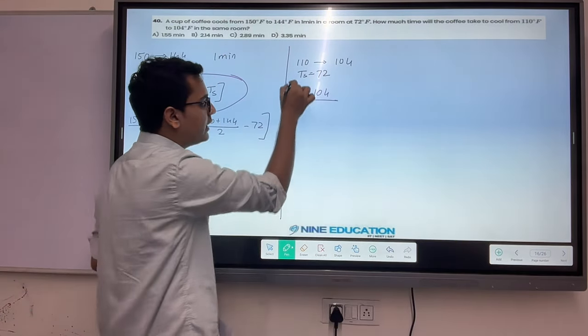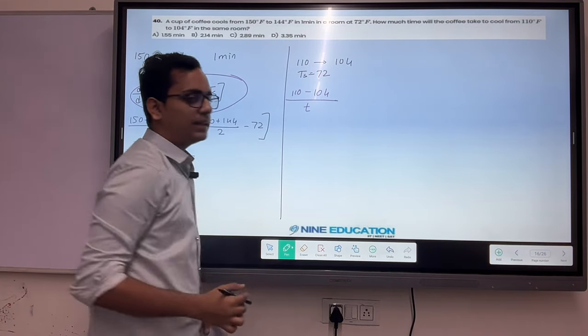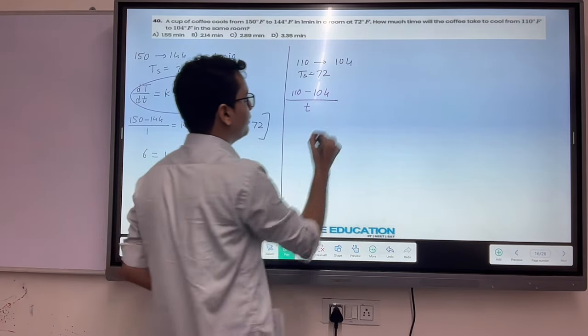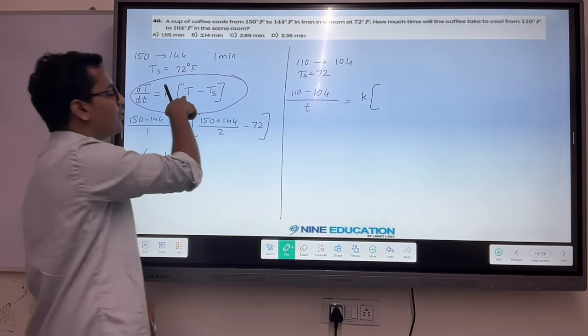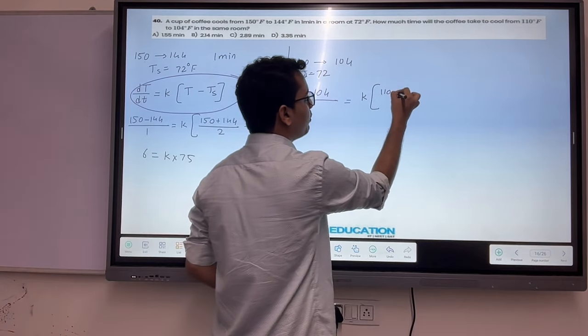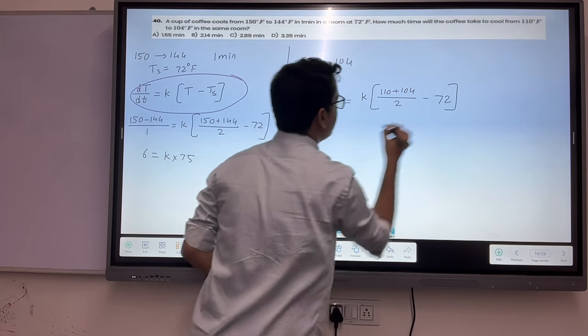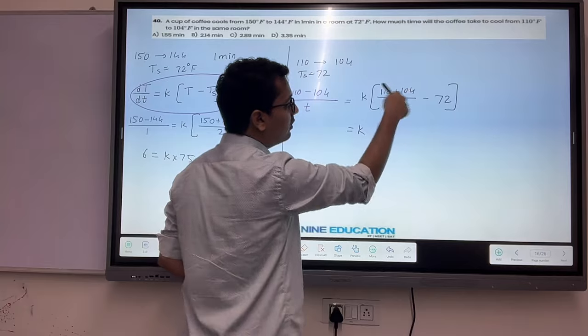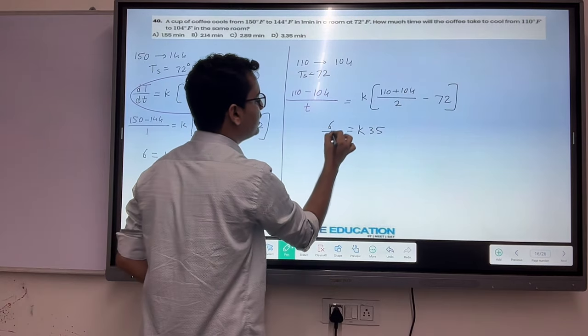How much time is it taking to lower the temperature by this? Let us say small time t will be equal to K into average temperature, that capital T is average temperature. So 110 plus 104 divided by 2 minus surrounding temperature 72. So this is K into 107 minus 72, 35. This is 6 divided by t.